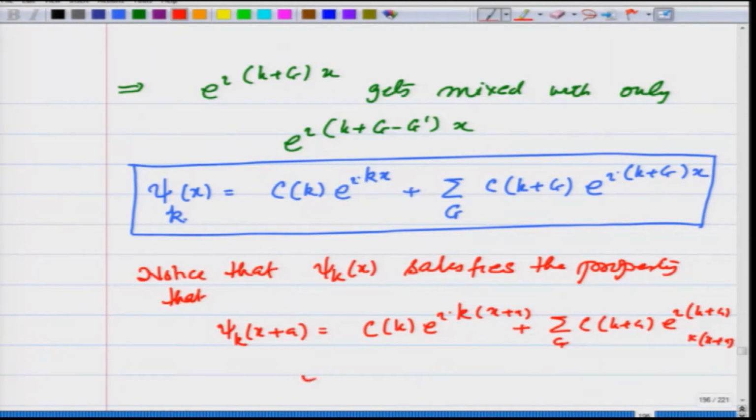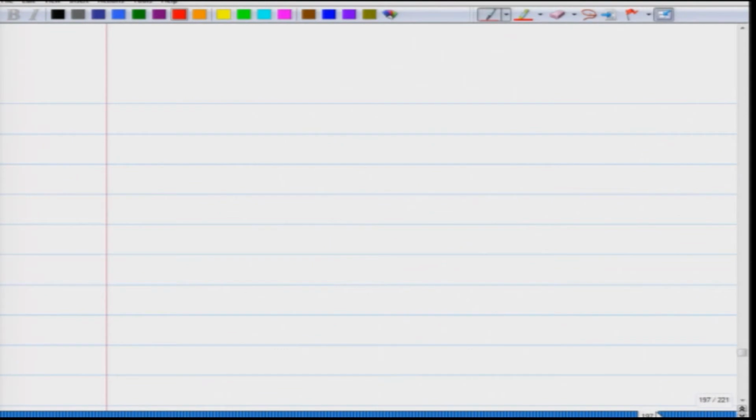Now, e raised to i g a is equal to 1. Therefore, psi_k(x plus a) becomes e raised to i k a times whatever that summation is left, which is psi(x).